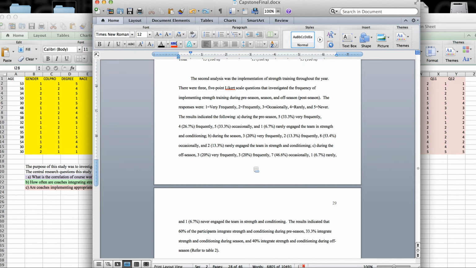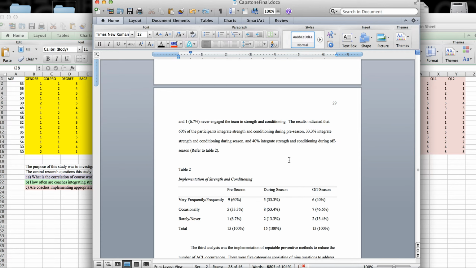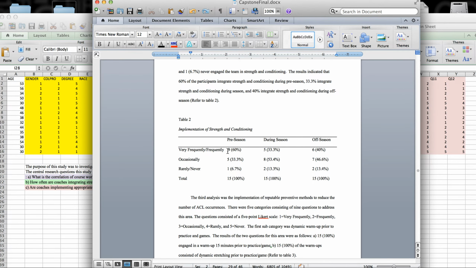So she does that for each of her 3 questions, and then again a final summary is the results indicated, and she gives an overall summary, and then she refers again to the second table. So you can see how the table is a little bit different in that instead of yes or no, it gives the Likert scale. Notice she compressed very frequently and rarely and never together, and that is appropriate, but she should have explained that in the paragraph that she was going to do that.